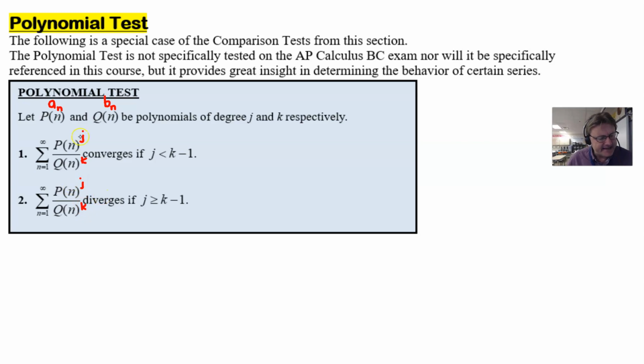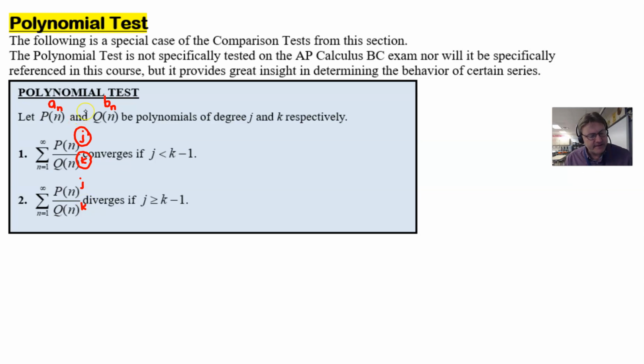Basically, it says if the numerator exponent is smaller than the denominator exponent minus 1, then we have a convergent situation. If the numerator exponent is bigger than or equal to the denominator exponent minus 1, then you have a divergent situation.